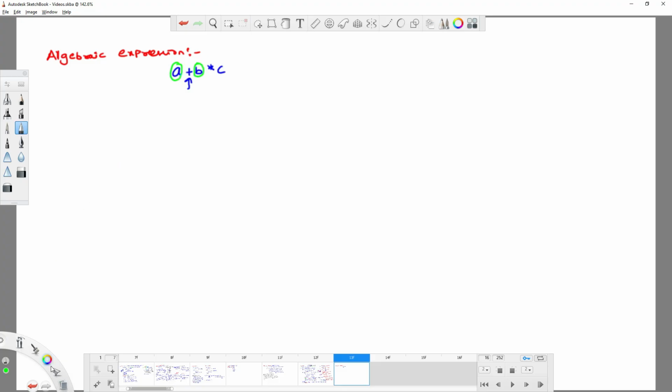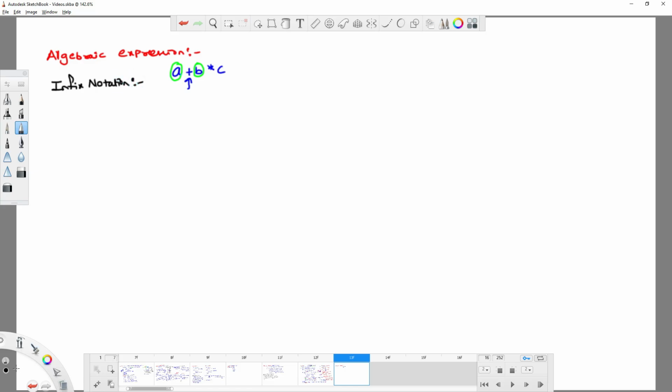This kind of algebraic expression we can also call an infix expression, or, more technically, infix notation.